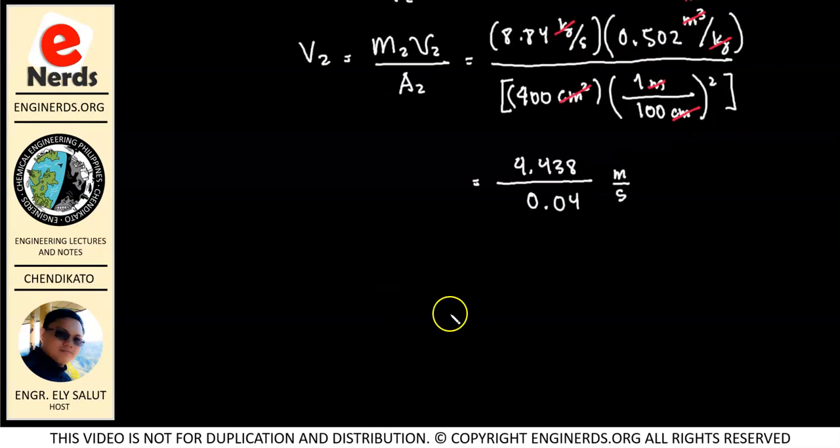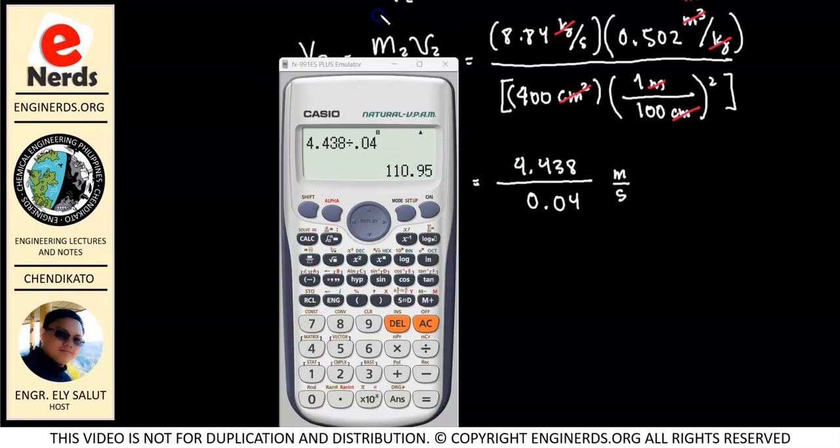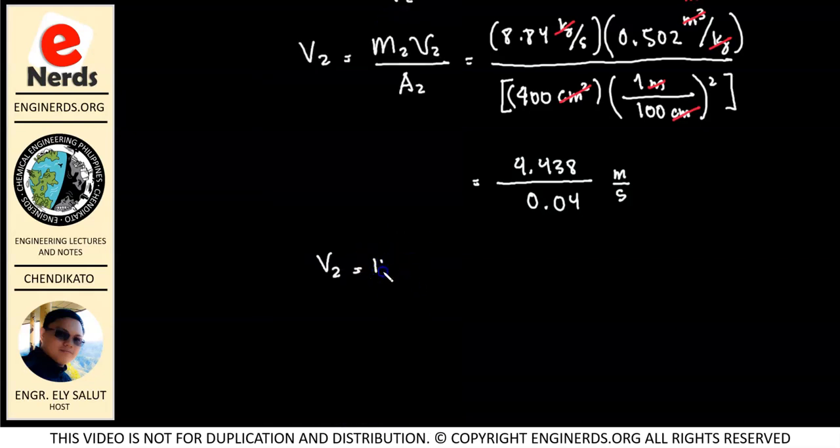Alright, so, by working on this, makukuha na natin yung value ng ating velocity 2, which will be equal to 4.438 divided by 0.04. So, we have 110.95 meter per second.